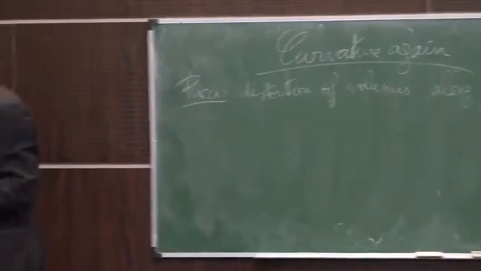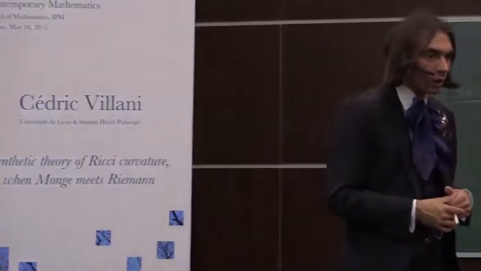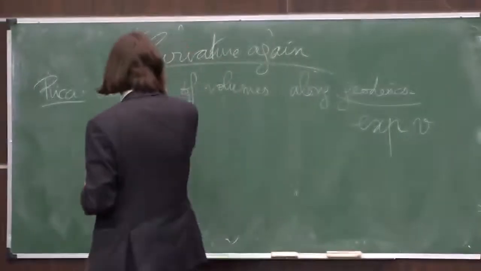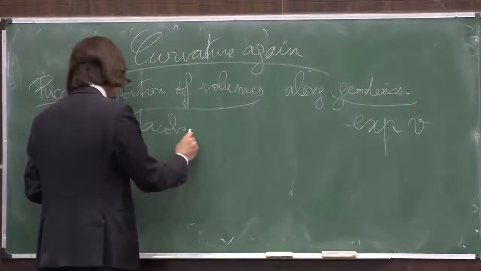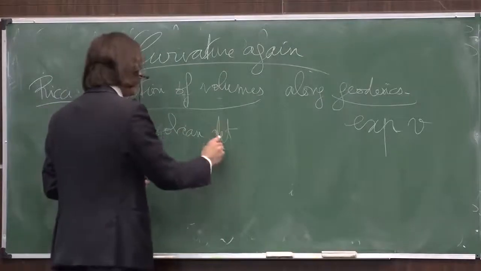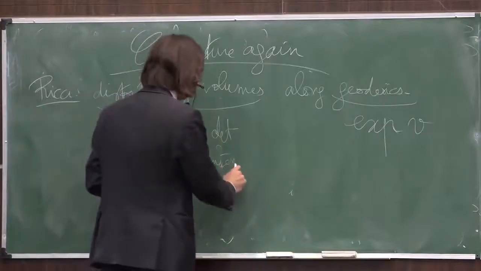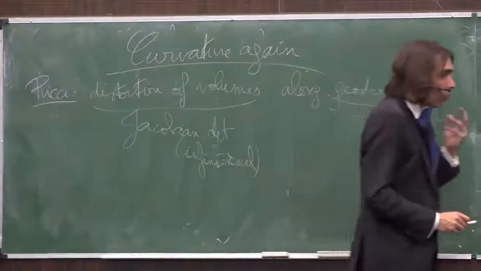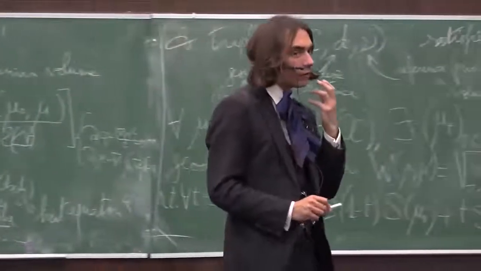There is an infinitesimal way to compute the volume distortion. This is the Jacobian determinant. It is the infinitesimal version. So we need to compute the Jacobian determinant of the exponential map.